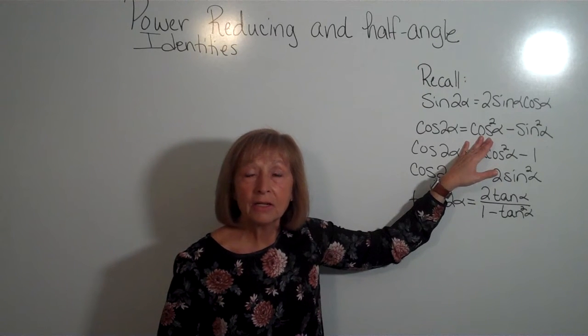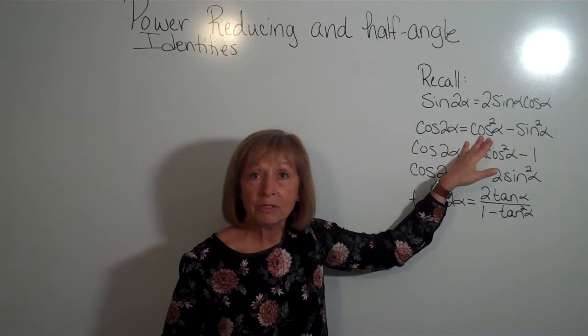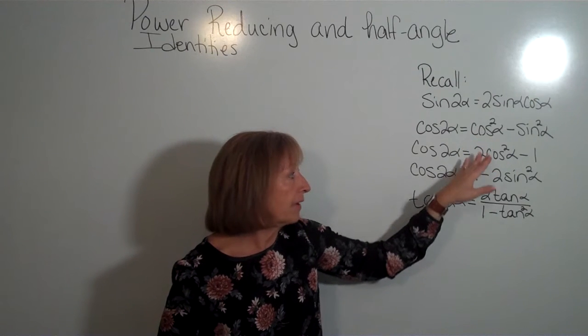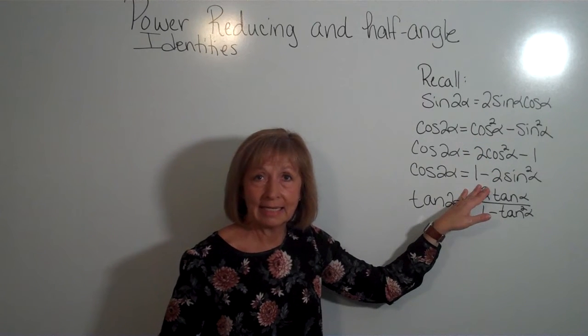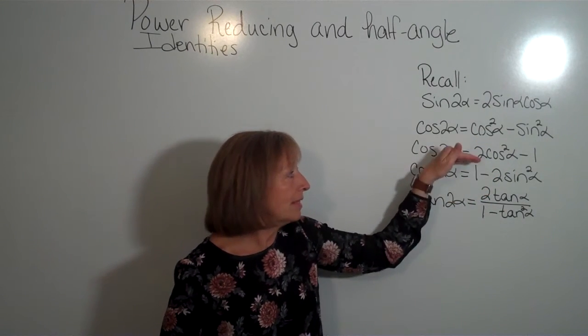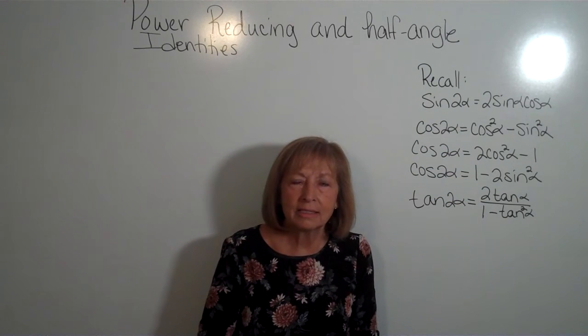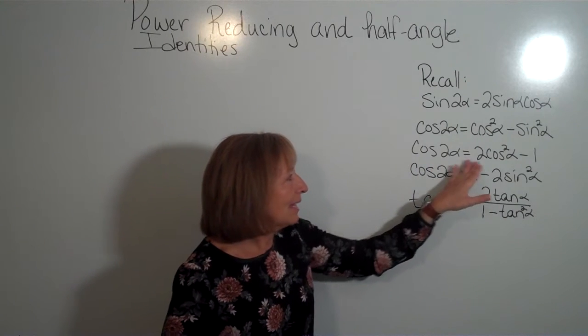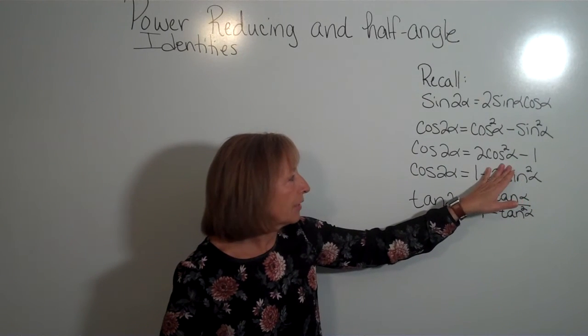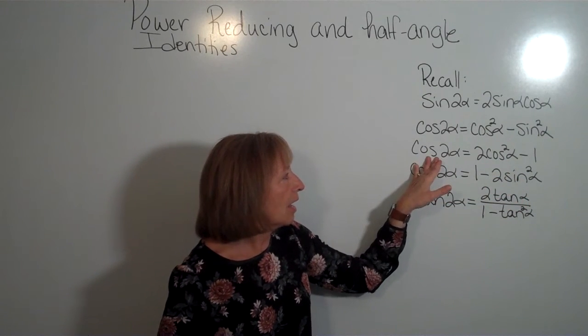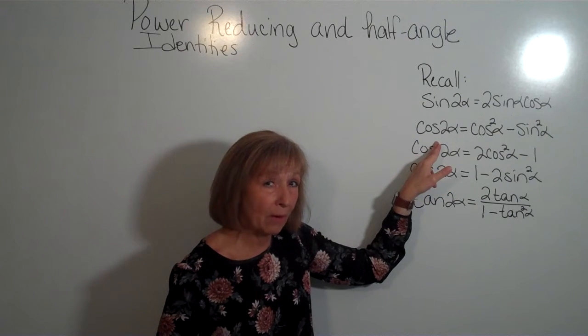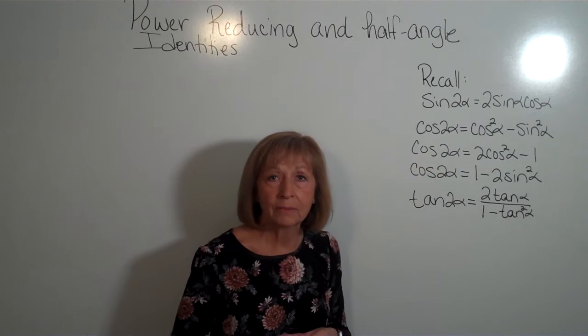Coming back up to here, they made a replacement for the cosine squared alpha and simplified it to this identity. And now with these two, another person looked at this and said, but in these identities there's a square on the cosine, and then the cosine to the first power of just twice that angle.